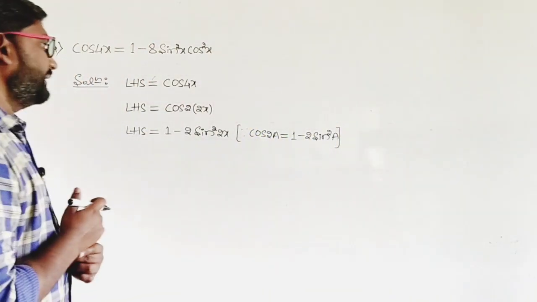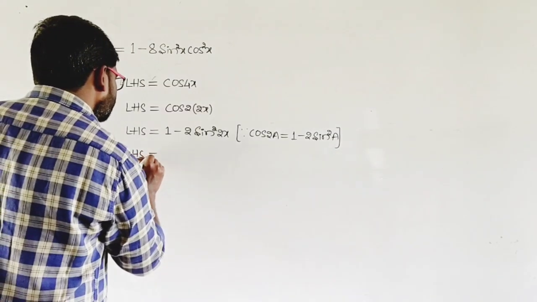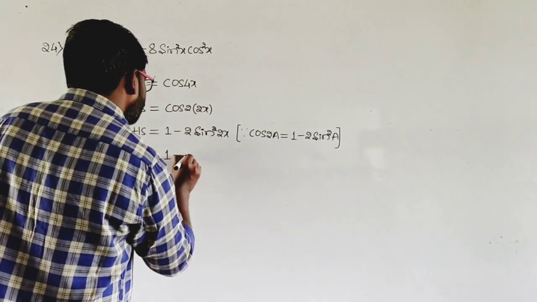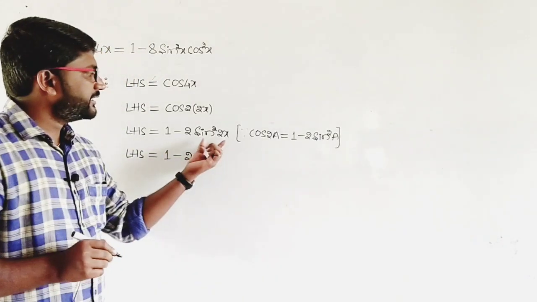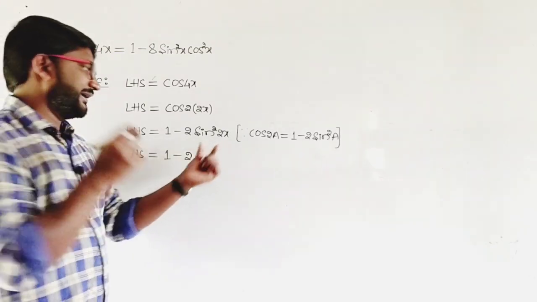So now in the next step, LHS equals 1 minus 2, write it as it is. So here we have sin square 2x. This can be written as sin 2x the whole square.